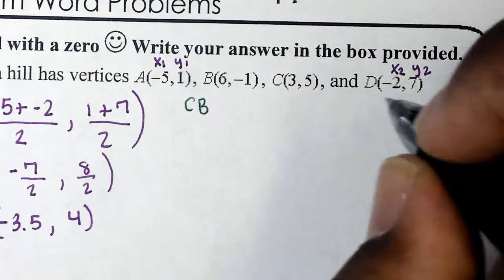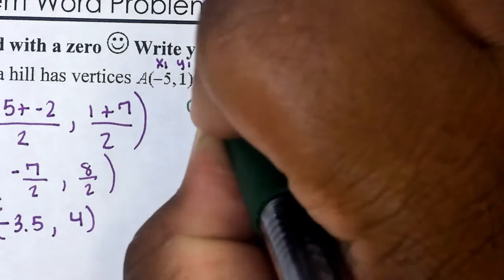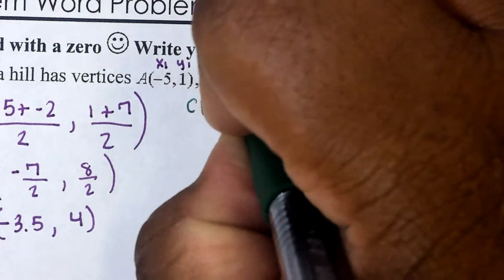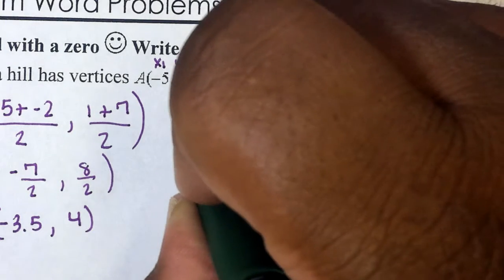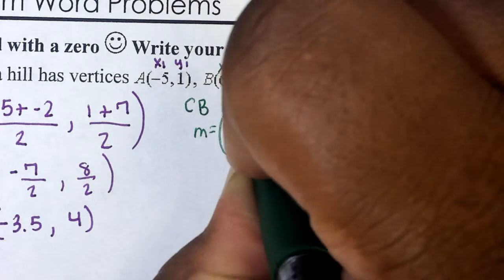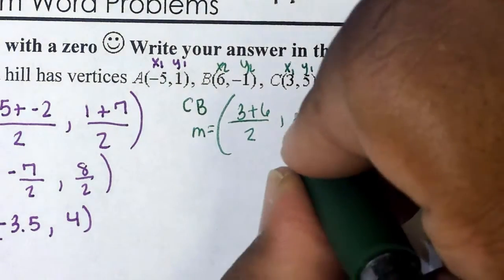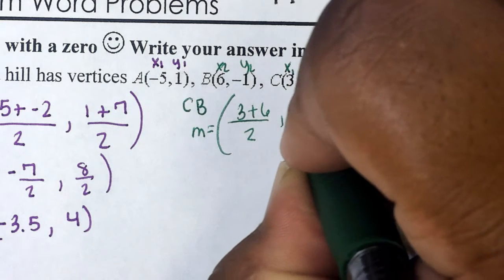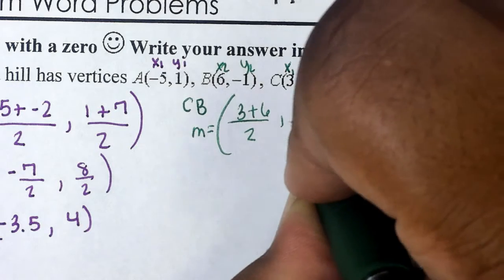So let's say CB, I'll do C first. X1, Y1, X2, Y2. Then after that, put it in the midpoint formula. M equals, my X is 3 plus 6 divided by 2. And then my Y's, which is 5 plus negative 1 divided by 2.